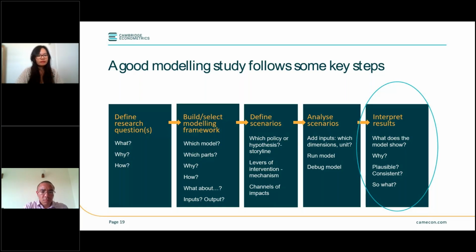So for the rest of the next session, we'll talk through a scenario application and see how models can help us find some answers to what may be quite complex problems.